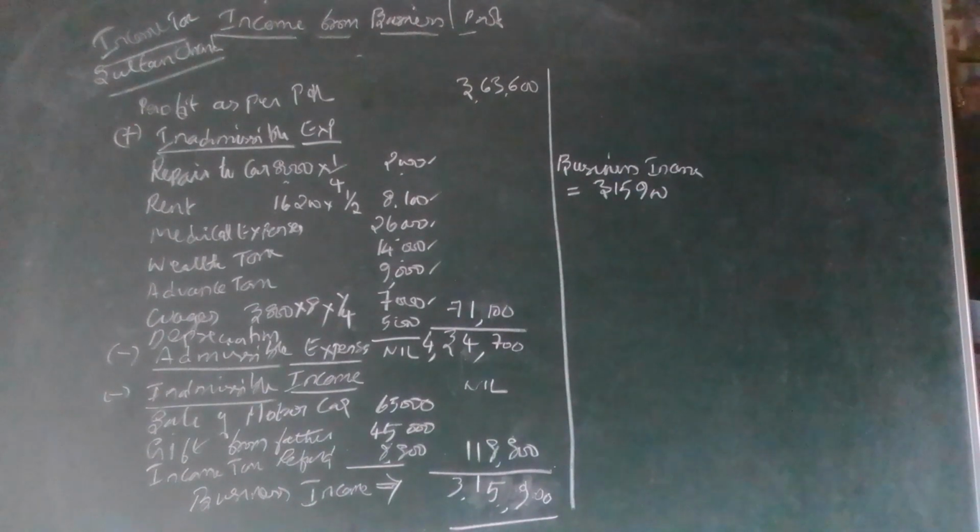Then the third adjustment: medical expenses were incurred for the sickness of Mr. X for his treatment. Medical expenses are meant for the individual. It is personal in nature, right? A company won't be sick. A company can be sick only in monetary terms. A company does not have any medical treatment or medical expenses.